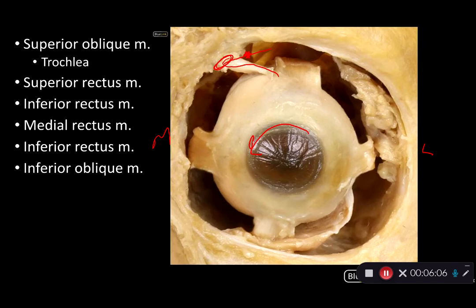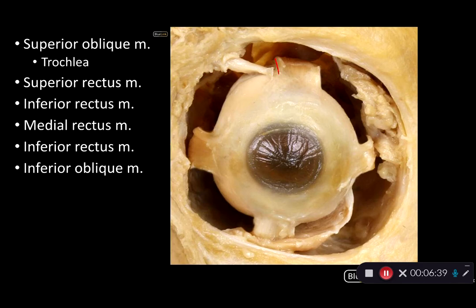And it also abducts and depresses the eye. So abduction and depression, so it's turning the eye downward and outward. And you can see how those actions are very congruent with intorsion. So that's the superior oblique muscle.